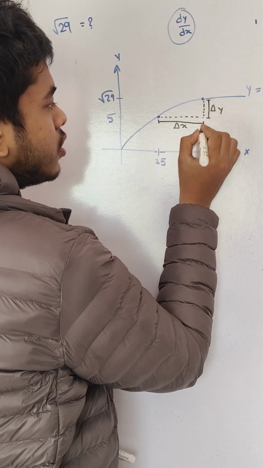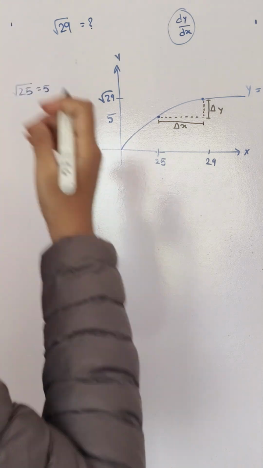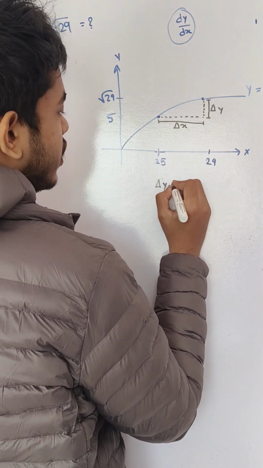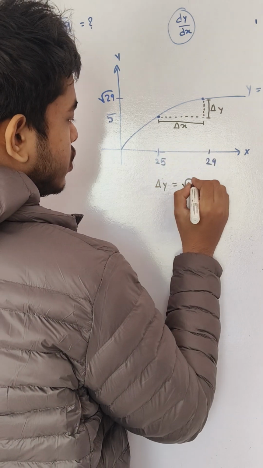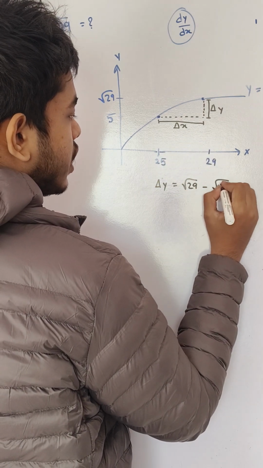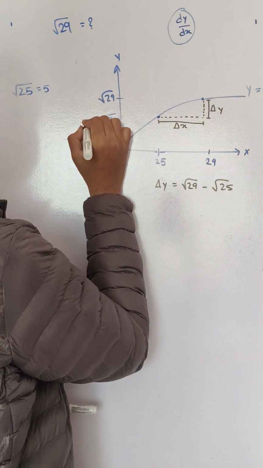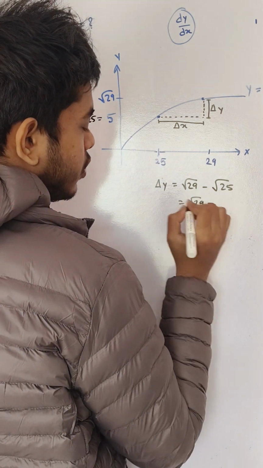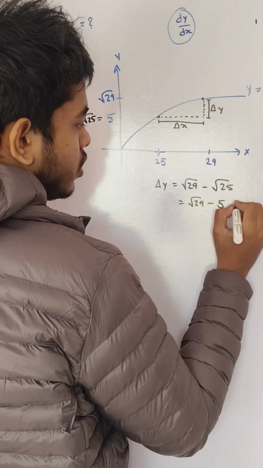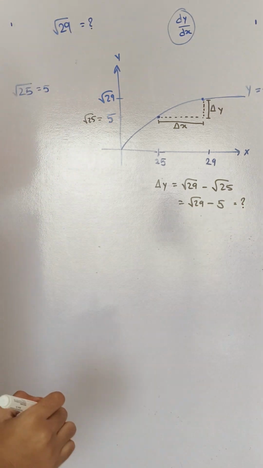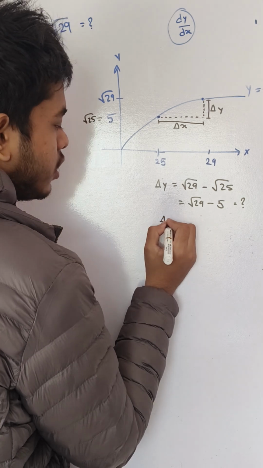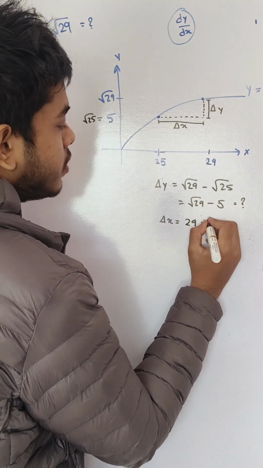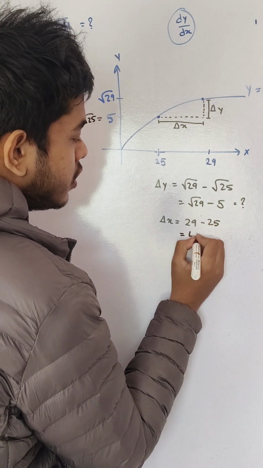Del x is here to here. So what is the value of del y? Del y is root under 29 minus root under 25. Root 29 we don't know the value. This is 5. Though we cannot find the value. Now let's calculate del x. Del x is simple, 29 minus 25. That is 4.